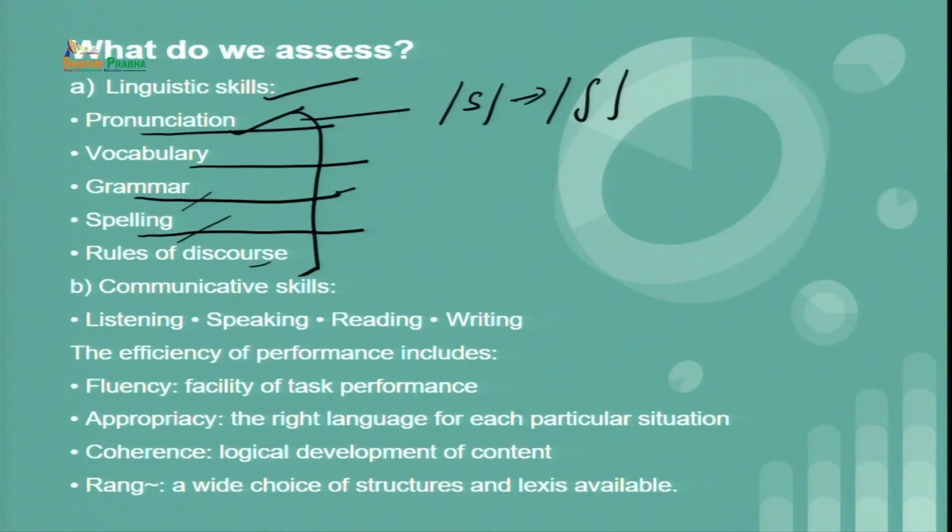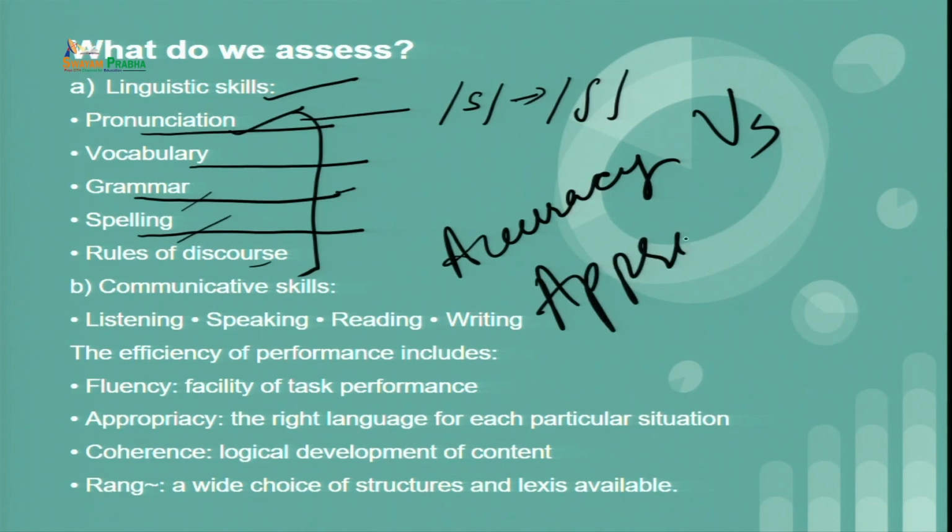And we are not confined to only linguistic skills. Let me tell you that there are communicative skills. If you remember, in the methods we talked about accuracy versus appropriacy. It is not just the grammatical structure that matters, but the meaning also matters a lot.